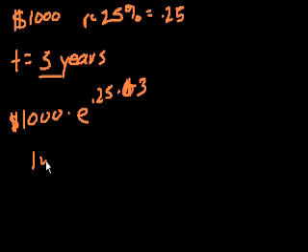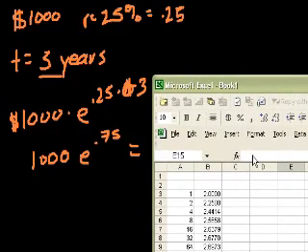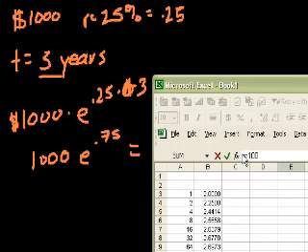So that equals 1,000 e to the 0.75 power. And let me calculate what that is in Excel. In Excel, e to a power is exp. So that's e to some power, and in this case it's 0.75.